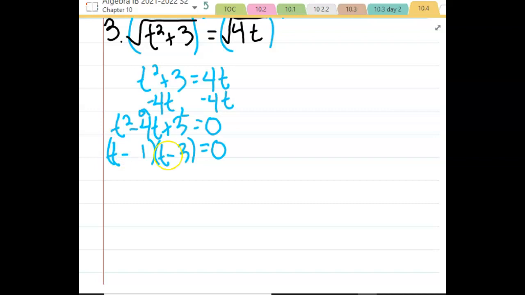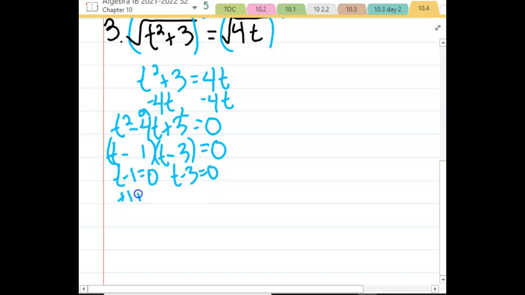And it has to be a negative 3. They both have to be negative. Which means either t minus 1 equals 0 or t minus 3 equals 0. Add 1, t equals 1. Add 3, t equals 3.